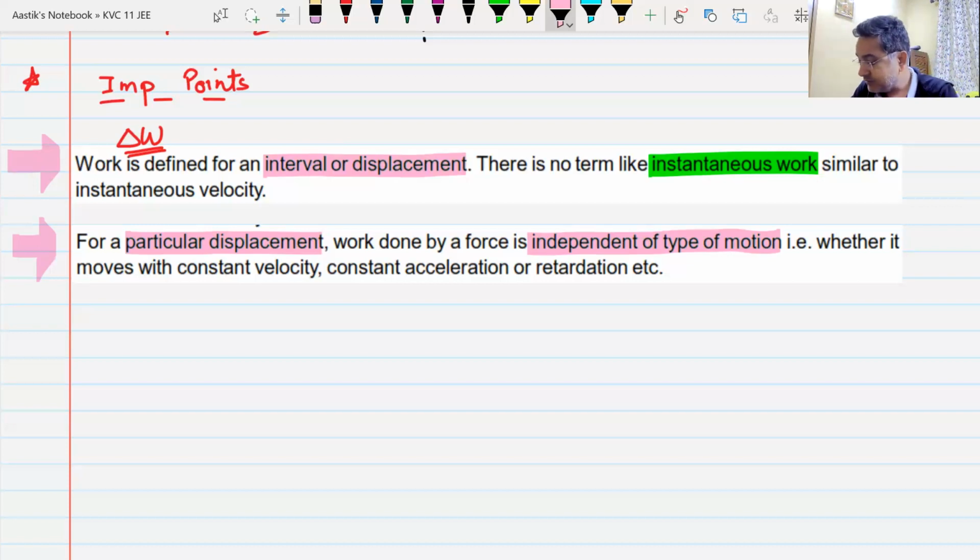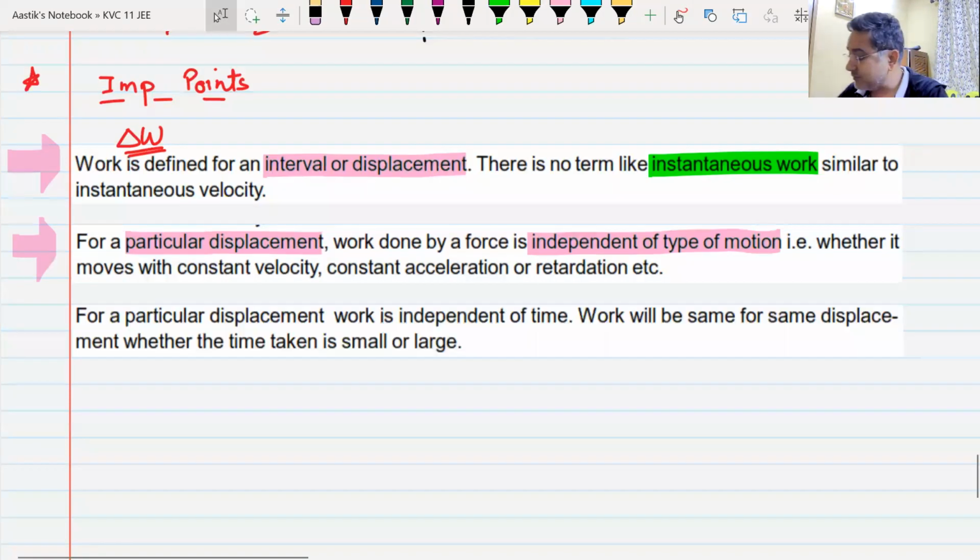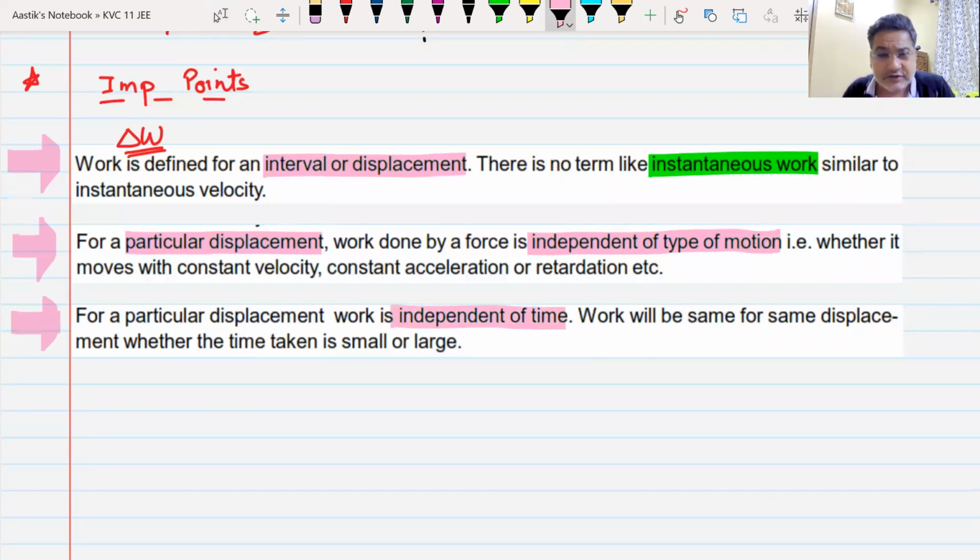Okay. Since it does not depend on the type of motion, then comes the next point. It also does not depend on the time that has been taken. So I go from A to B in 5 seconds, or I go from A to B in 10 seconds. Work done by the force does not depend on time.